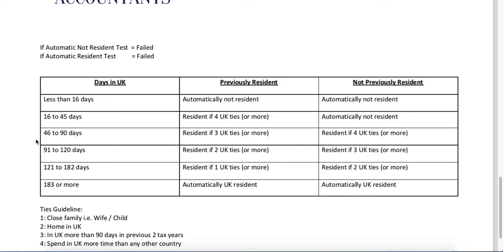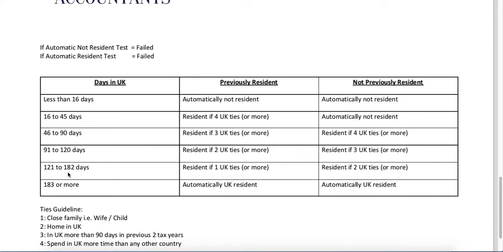Now for 46 to 90 days, if you have 3 or more ties in the UK, then you're resident. Or if you've not been previously resident and you have 4 or more ties and stay between 46 to 90 days, then you're classed as a resident. For 91 to 120 days, you only require 2 ties to be classed as a resident, or 3 ties if you've not been previously resident in the UK.